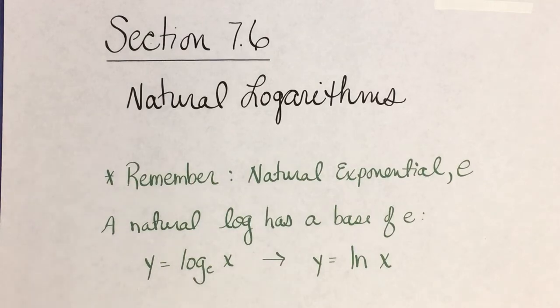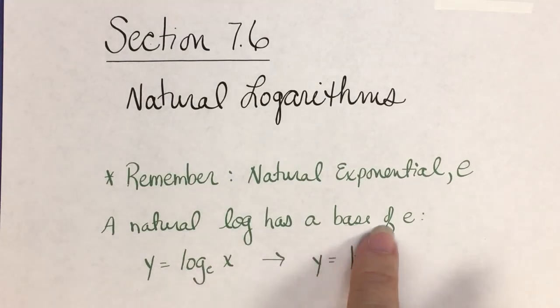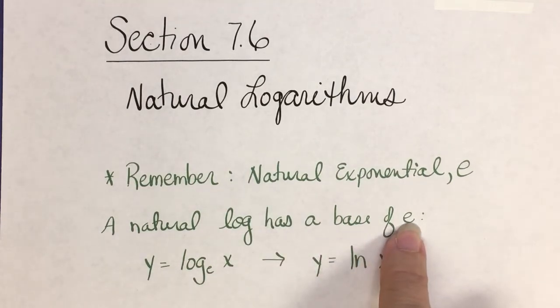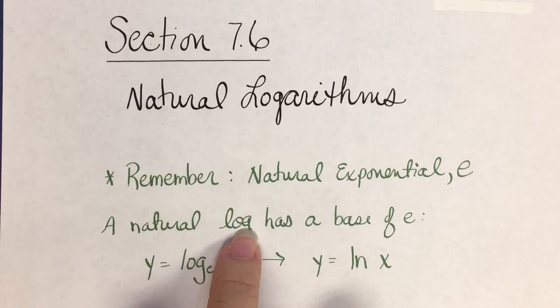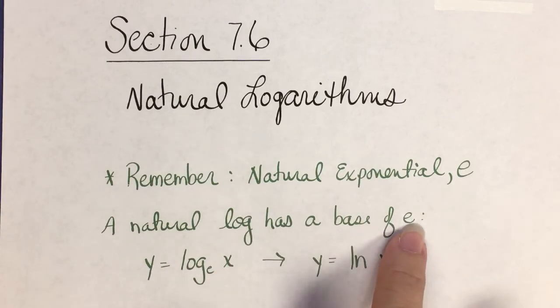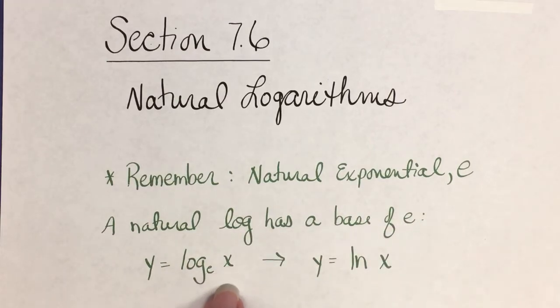As it states, a natural logarithm has a base of e. Just like we had the common logarithm, remember that was base 10, you can also have a natural logarithm, but it's going to be base e. So if you have a base e, you're probably thinking your log and then your subscript here is an e.